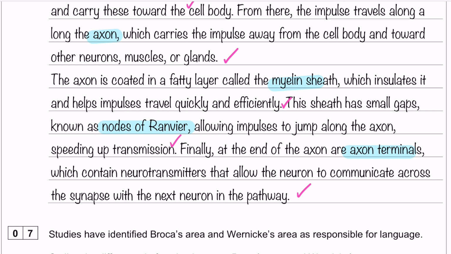If you can manage to name those within your answer, that will help to give you structure, and it will make sure that you are on target and you don't waffle, go off track, or lose focus within your answer.